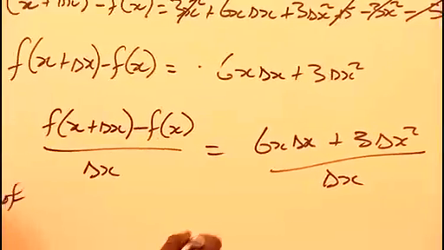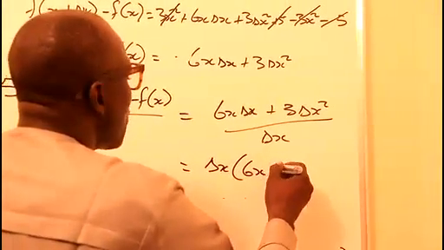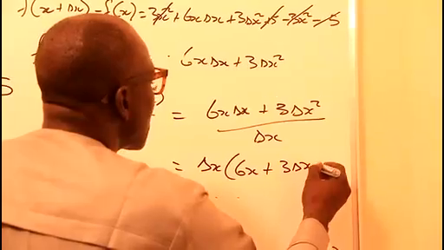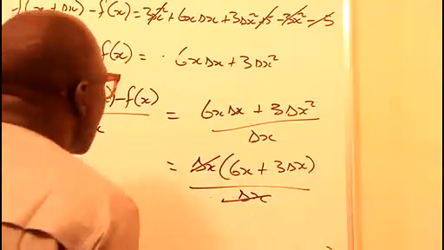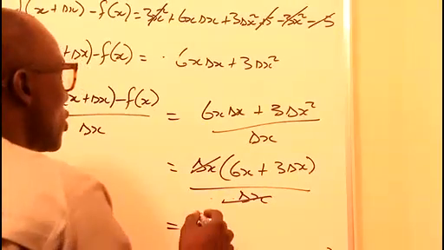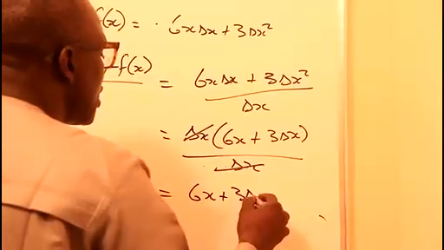This is the same thing as change in x into 6x plus 3 change in x, over change in x. Now this will clear this. We'll be left with 6x plus 3 change in x.